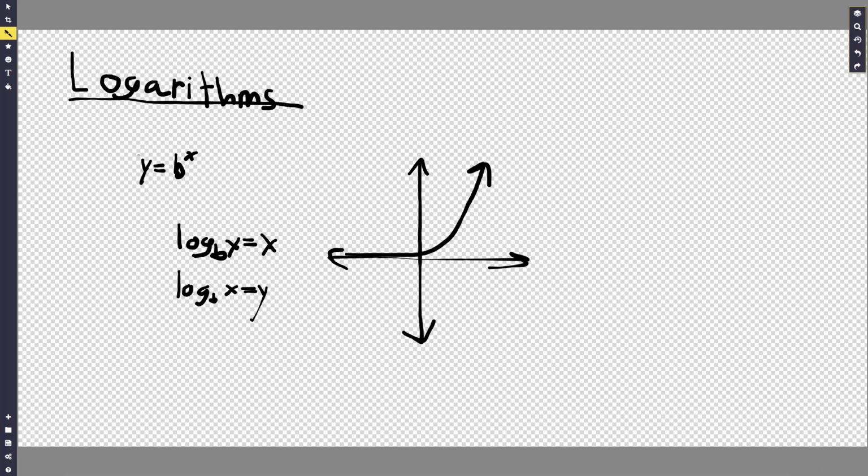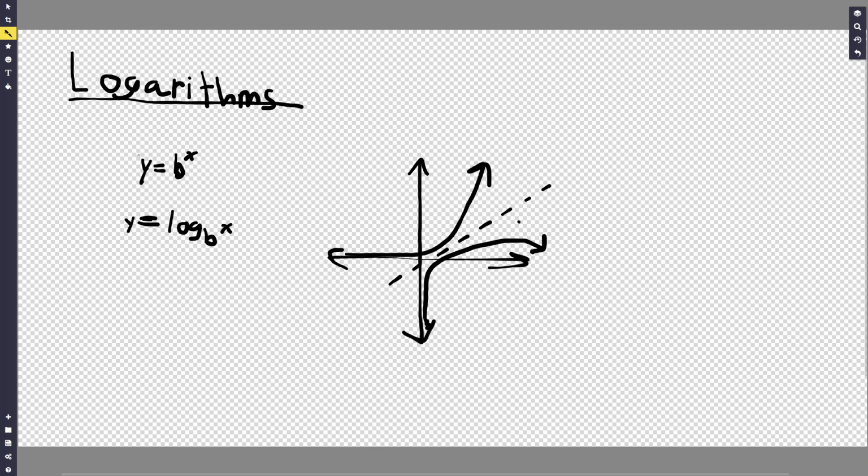So that shows us that when graphing exponential functions and logarithms, logarithms are basically the inverse. So let's say we have another function, y is equal to log base b of x. It will look something like this. They'll have a sort of symmetry, as you can see here, straight down the middle, as they're inverses of each other.